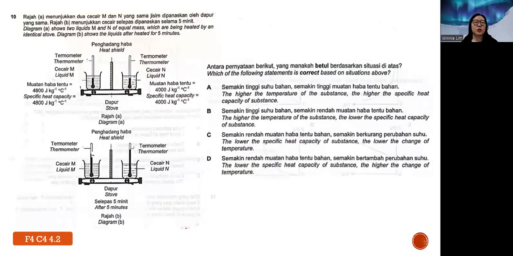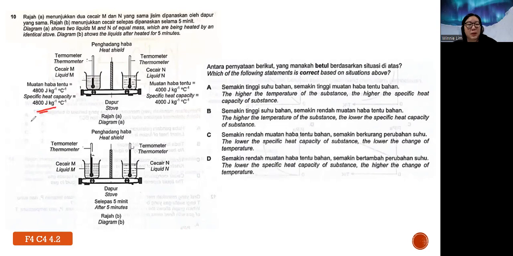So moving on, question 10 under the heat topic. Diagram A shows two liquids M and N of equal mass which are being heated by an identical stove, and diagram B shows the liquids after being heated for 5 minutes. Now look at the specific heat capacity of both liquids.